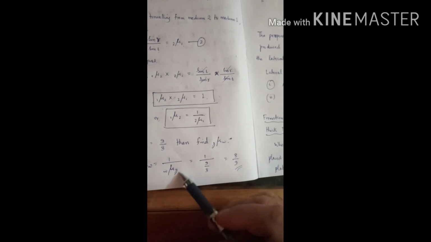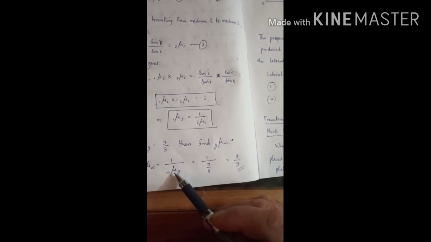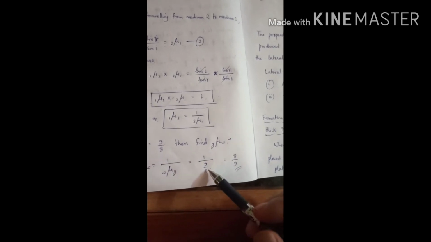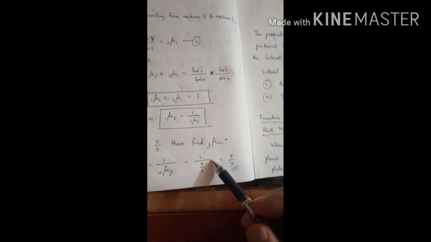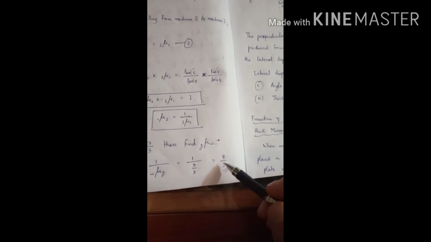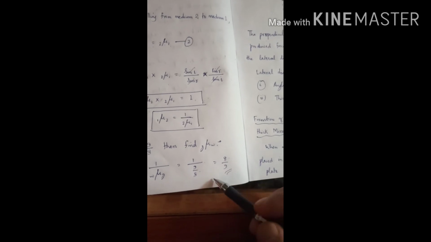So you know the value of this one, refractive index of glass with respect to water, it is already given here. Write the value here. The long line is a division. So if you take the reciprocal, you will get 8 by 9. This type of problem you also need to know.